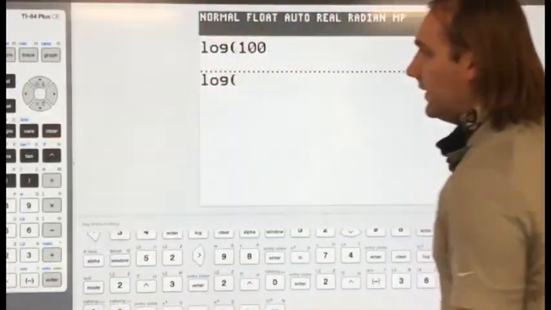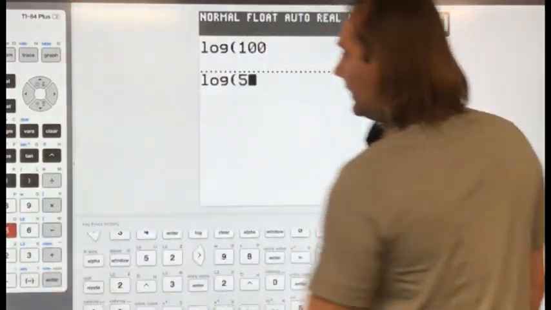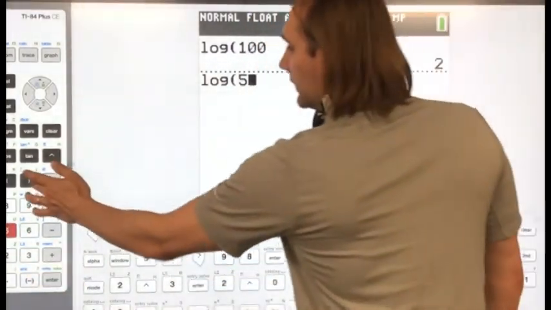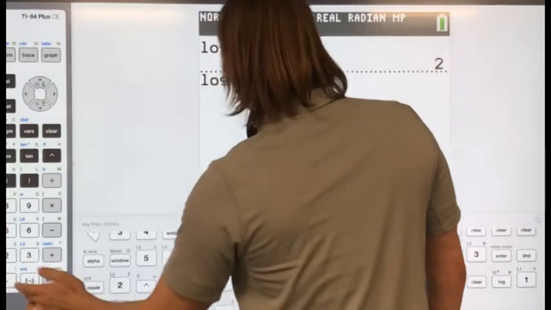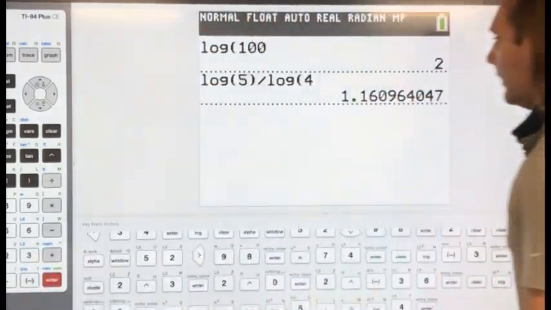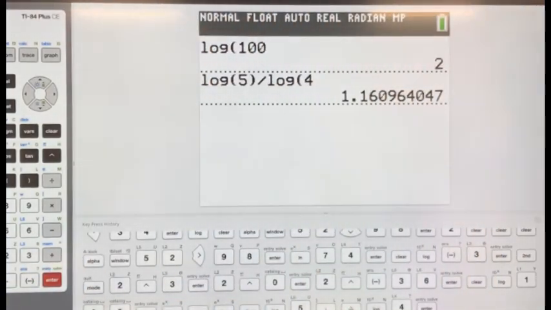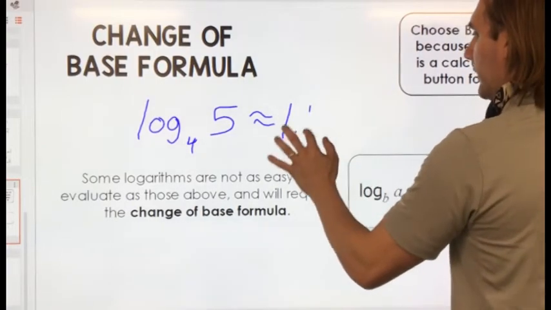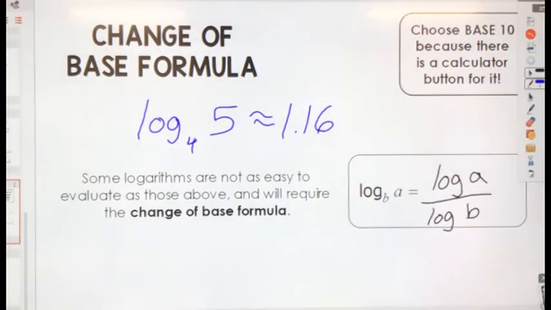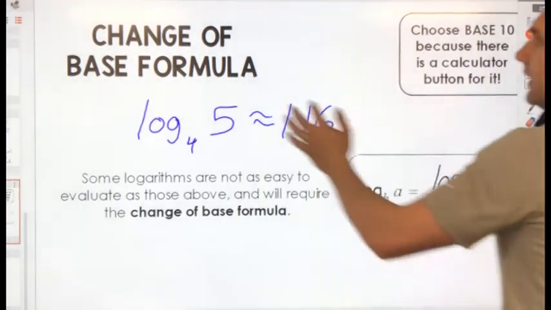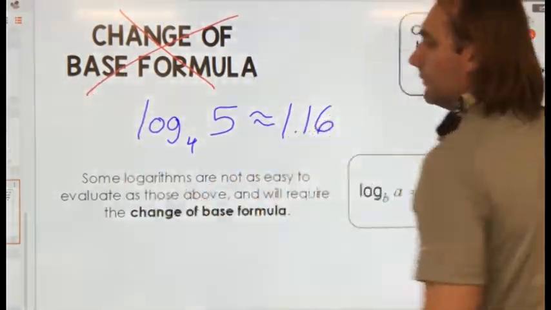So log base 10 of a, 5, divided by log base 10 of my base, which is 4. 1.16 roughly.